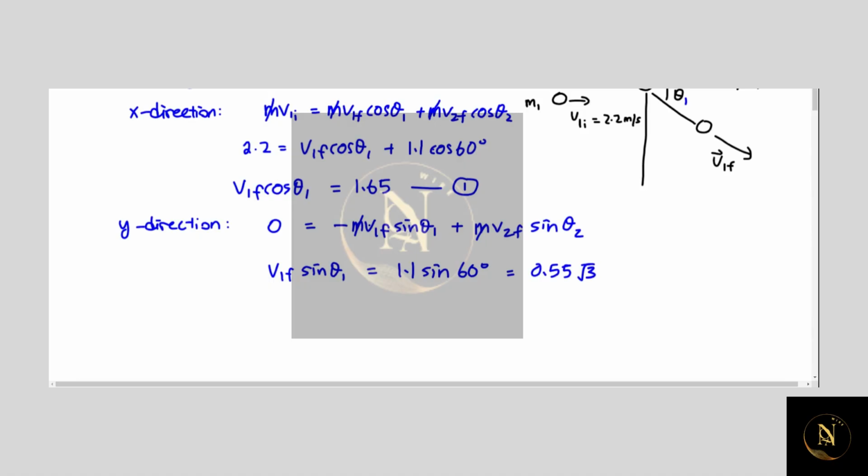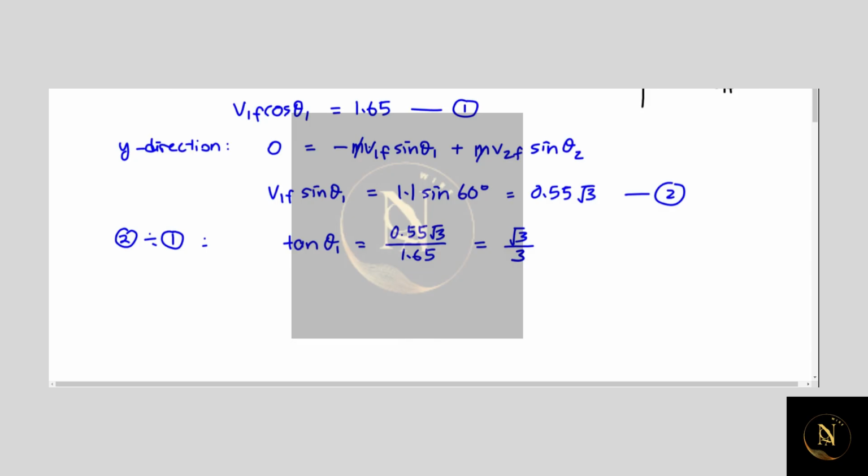This is our equation 2, and so we can do 2 divided by 1. So we have tangent theta 1, which is 0.55 root 3 divided by 1.65, which is root 3 over 3, and so theta 1 is 30 degrees.